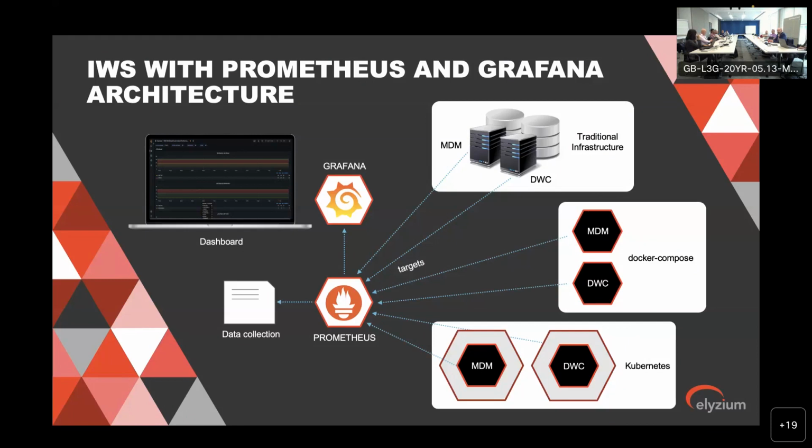So whether you are in the traditional infrastructure, on virtual servers, physical servers, these metrics are available. Whether you use Docker and the Docker Compose tools, in order to have a master and a backup, a master and a DWC, again, it's supported, as well as Kubernetes.